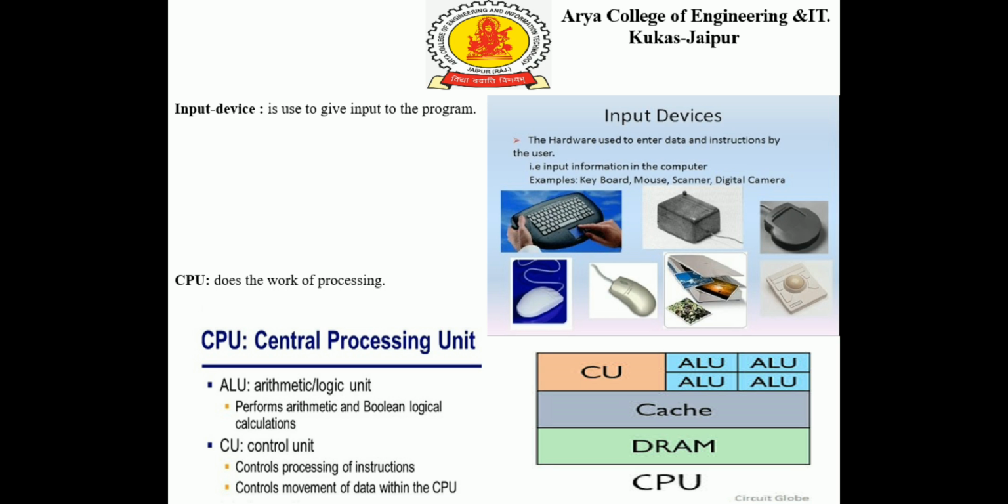And the control unit controls the processing of instructions and controls movement of data within the CPU, from the CPU to the memory, from the memory to the CPU, to the output device and from the input device also. How this is carried out we can see in the figure: the CPU, the ALU units, the cache, the DRAM and the CPU.